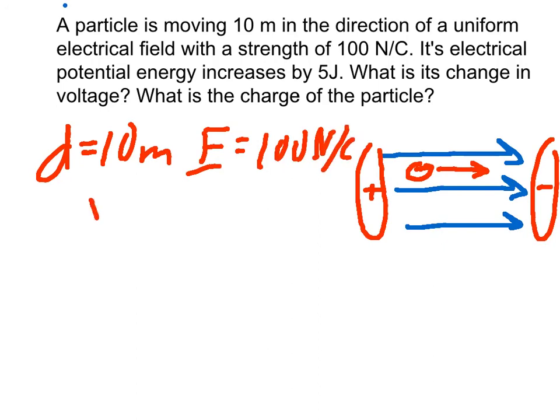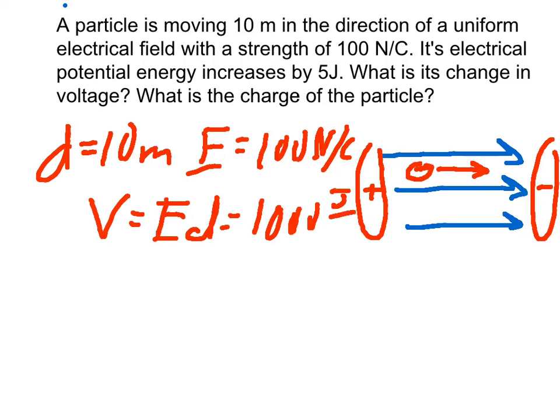And right there we have voltage equals ED, which of course is going to be 1,000 newton meters per coulomb, which is joules per coulomb. That's the same thing as saying 1,000 volts. Joules per coulomb, or newton meters per coulomb, is the same thing as a volt.